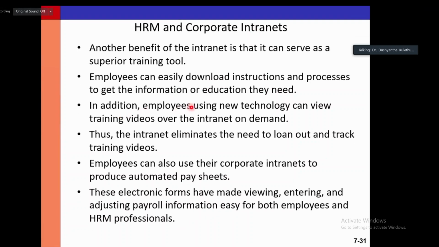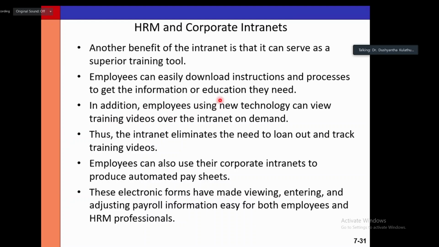In addition, employees using new technology can view training videos over the intranet on demand. Now, the earlier was distribution of certain information or instructions mostly in text form. There can be other training videos which have been developed or purchased by the organization, and you can keep a copy on the intranet, and then employees can watch the particular video whenever they want.